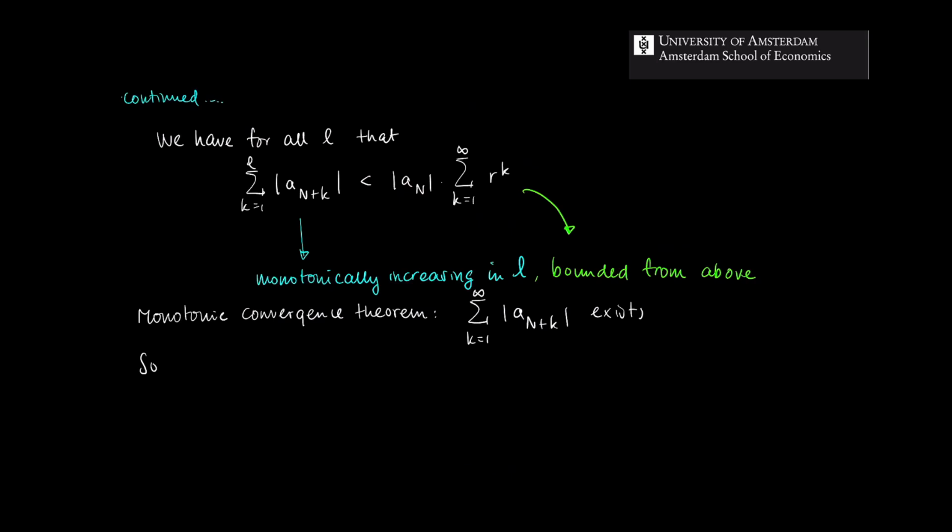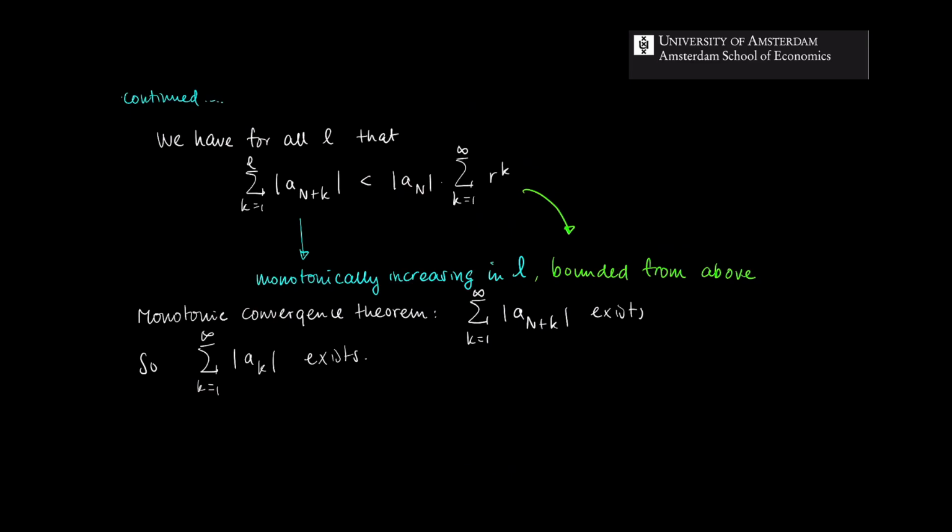But then we also can add the first capital N elements as well. We can just add the absolute values of the first N elements, which is a finite number, and the sum will still exist. So we also have that the series with absolute values of all members in the sequence an also exists.